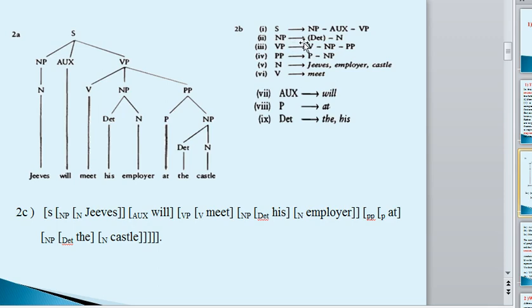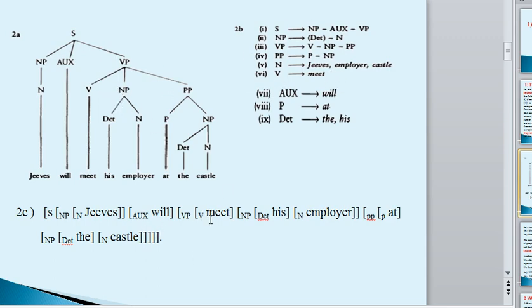Noun phrase itself consists of determiner, noun. Verb phrase consists of verb, noun phrase, prepositional phrase, and the other part. We call these phrase structure rules or rewriting rules. So this is another format you can use instead of the tree diagram.